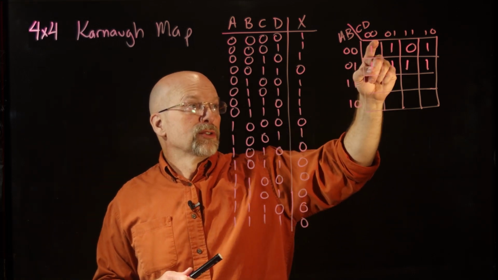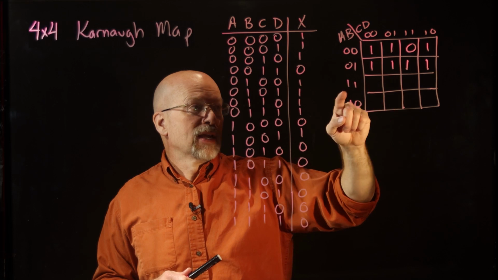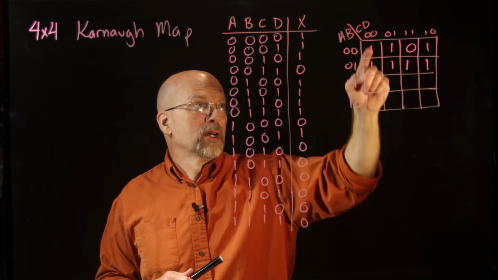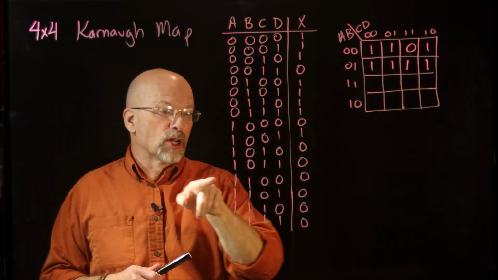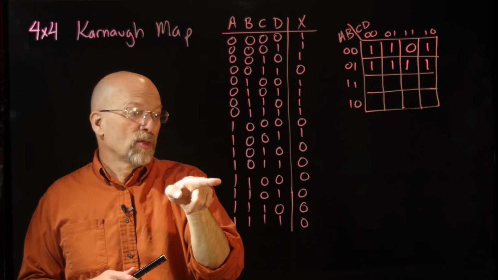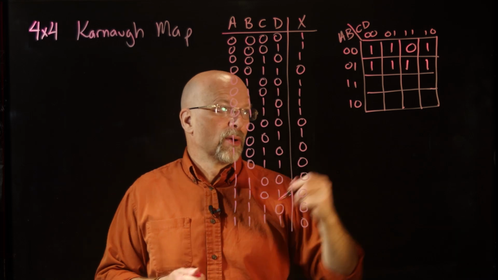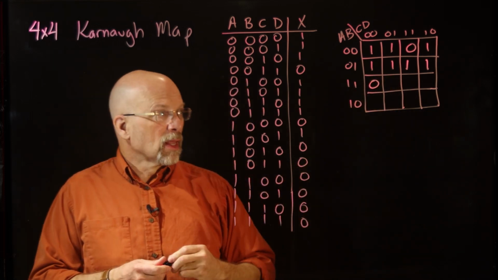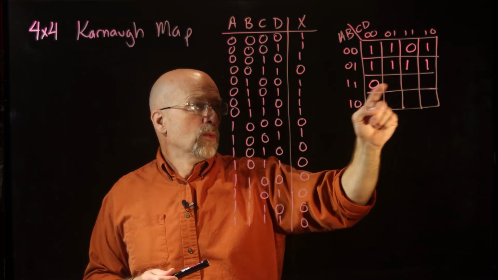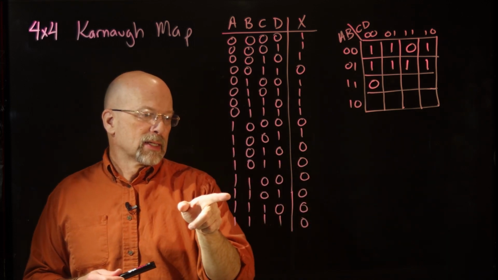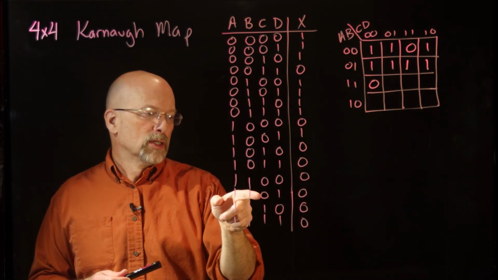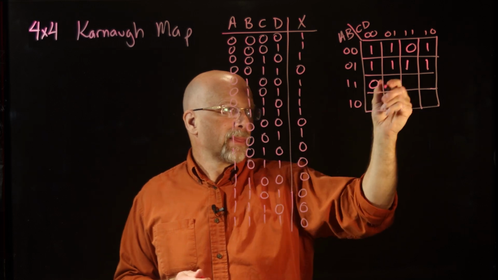All right, 0, 0. Oh, sorry. This cell right here is A is 1, B is 1, C is 0, D is 0. That takes a big jump, takes us all the way down to this row, 1, 1, 0, 0, where we have a 0 in it. This cell right here, 1, 1, 0, 1, takes us down to the 14th row, 1, 1, 0, 1, has a 0 in it.